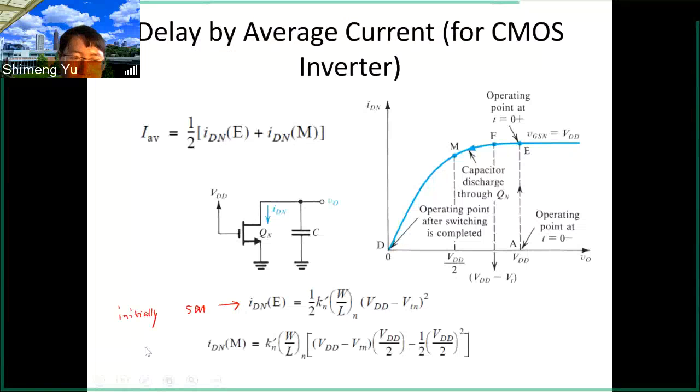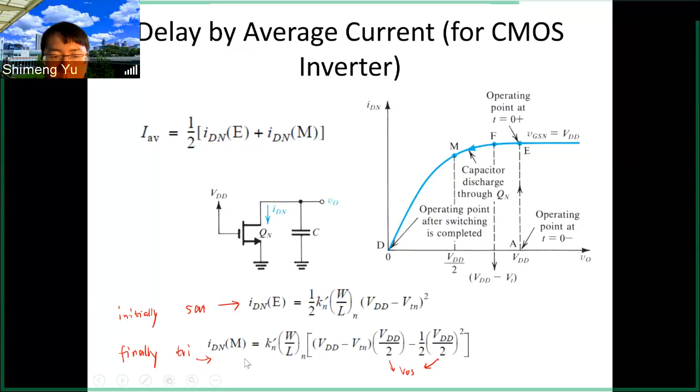And then finally is the triode equation. So we have this Kn prime W over Ln, VDD minus VTN, and then this is the VDS, and now VDS is half VDD. So we have half VDD minus half of half VDD squared.